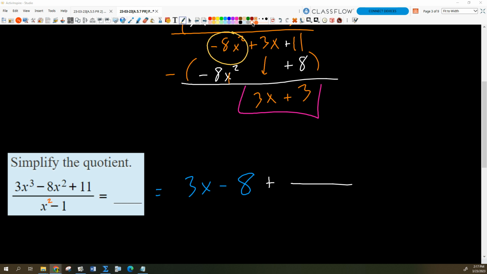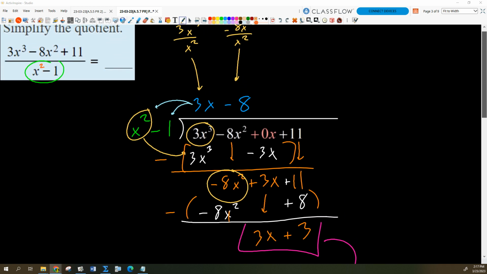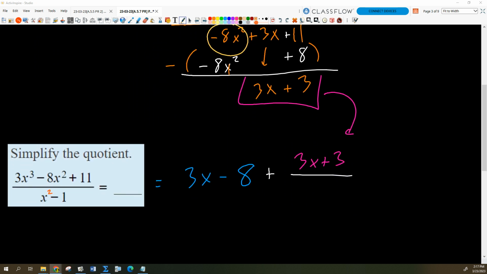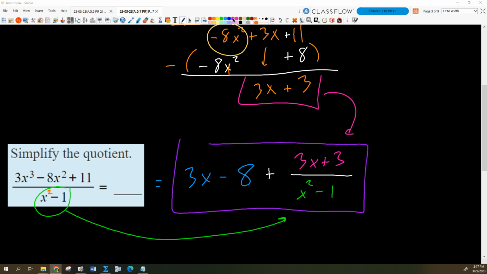What goes on top? 3x plus 3. What goes on the bottom? X squared minus 1. You betcha. The denominator stays the same. And that's our answer. Make sense?